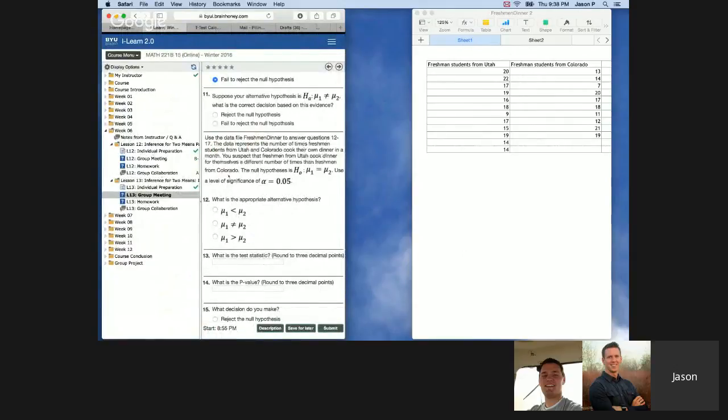Yeah, because the null is what's accepted and we're testing. That's why we do a test statistic, p-value, and all that. But we need to select the correct alternative to mu1 equals mu2. Oh, okay, that makes sense. All right, so freshmen from Utah. What's the data set? Freshmen from Utah and freshman students what? Oh, Colorado.